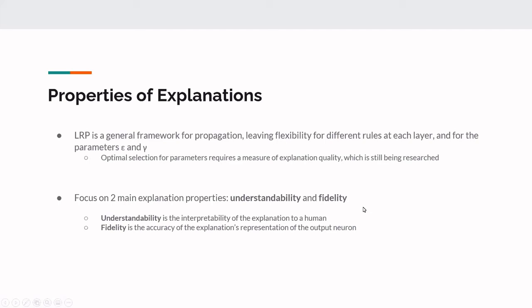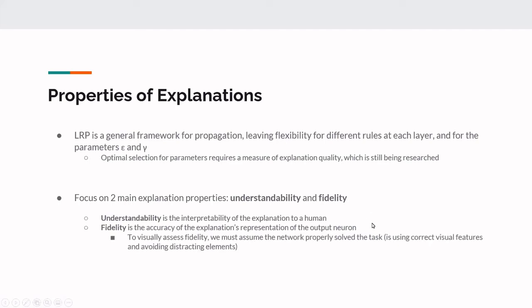So we're probably going to be measuring these visually. And if we're visually assessing fidelity, which is how accurate the explanation is to the model's workings, we're assuming that the model is solving the task that we gave it properly.